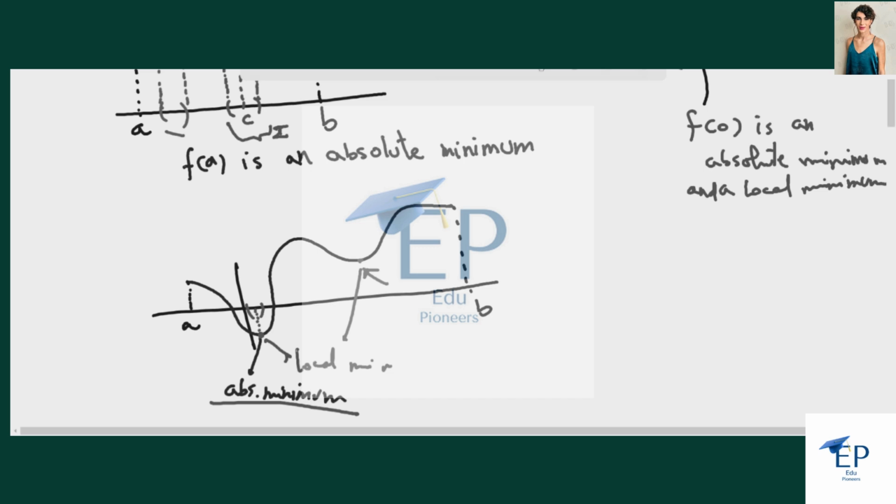But we can have situations where we have several points where we have the local or absolute minimum, because one of the examples we know very well is sine and cosine functions. So here we have this function that is sine in this case. If we consider the complete function, that is the domain is the real numbers, then we can say that the absolute maximum value of the function is 1, but it's attained at several points. That's no problem.